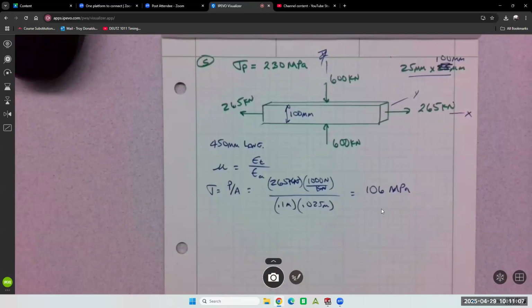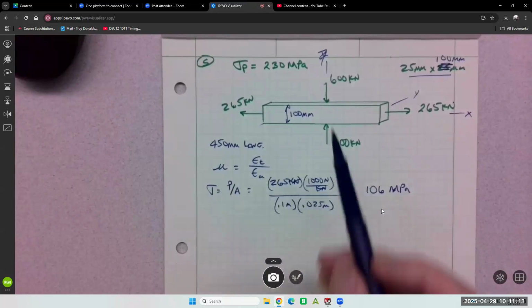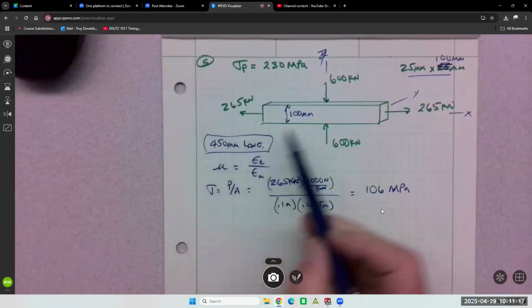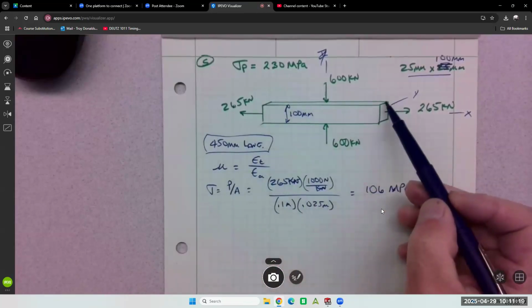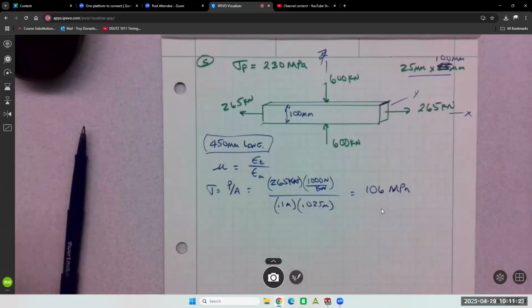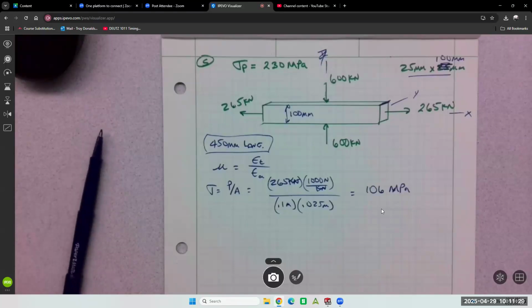What about the other one? The Y. The 600 is acting over what? 450 by 25? Yeah. So same kind of thing, you should check it. A good way of visualizing that is the area of that one face that it's acting on.